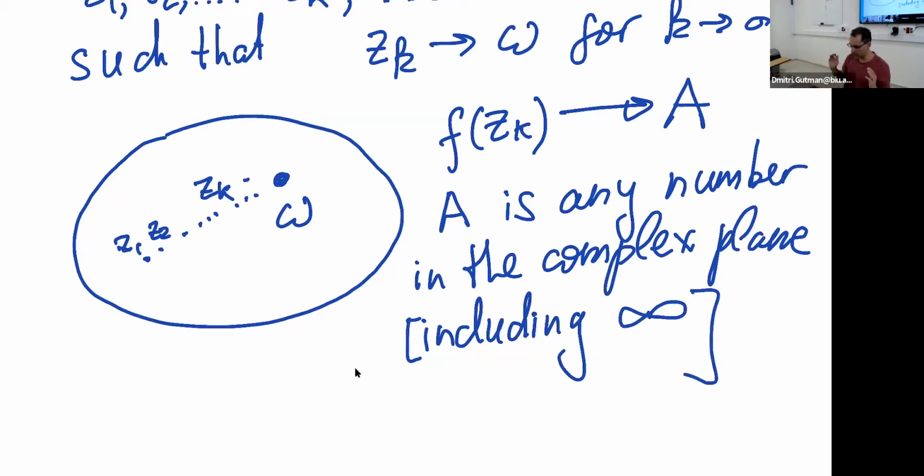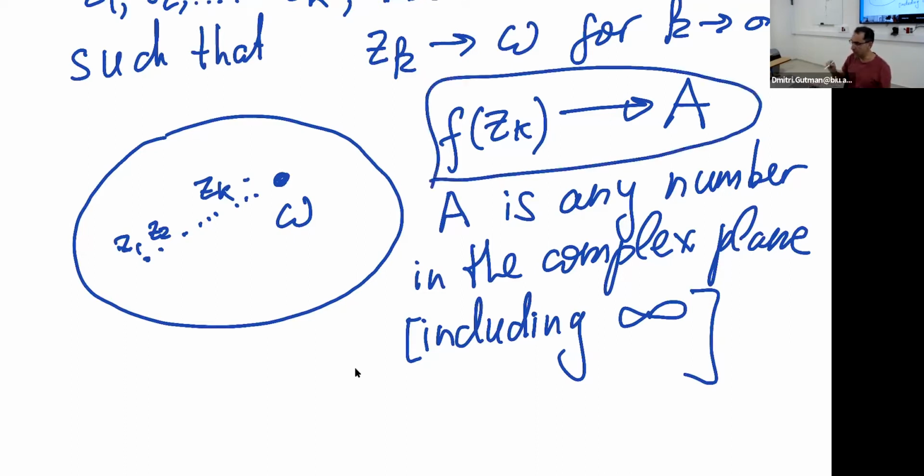So the logic goes like that. Function f has an essential singularity at point w. Then the theorem tells me, choose any number in the complex plane, call it a. In the vicinity of the essential singularity, I will be able to construct an infinite series of points such that function f of z has a as its limiting value.